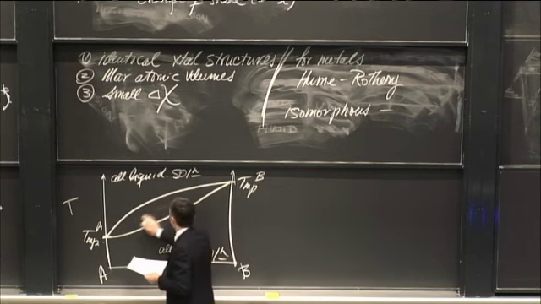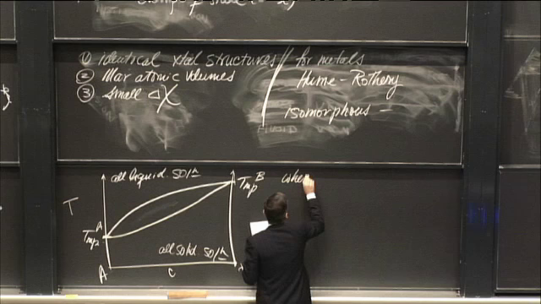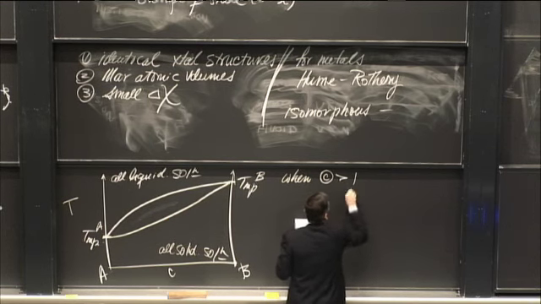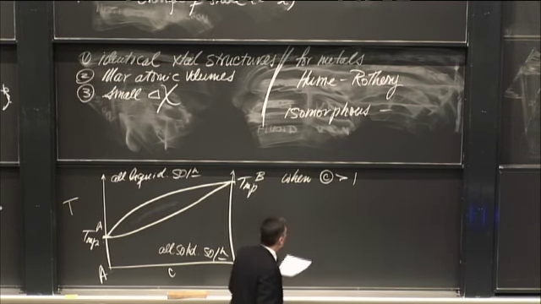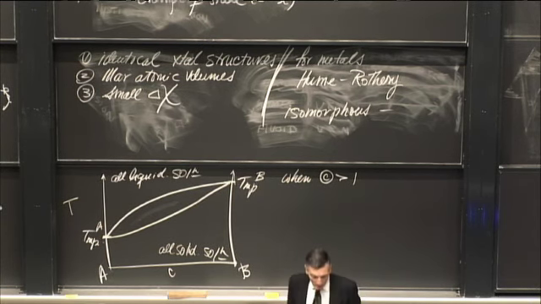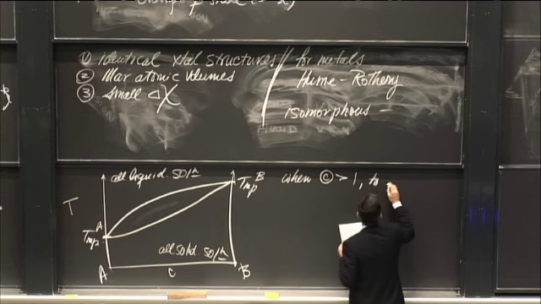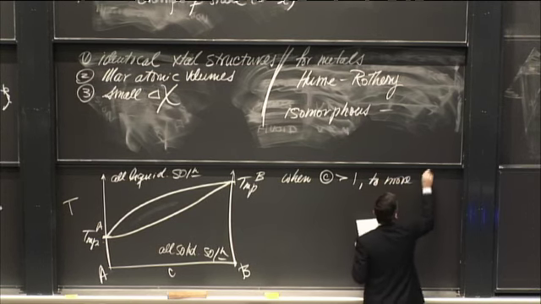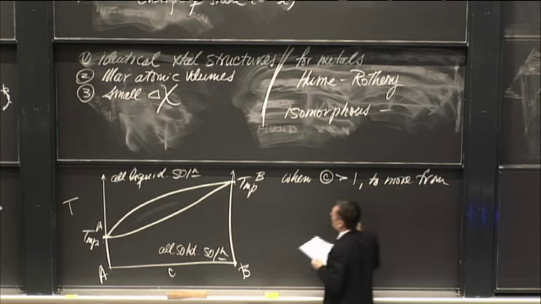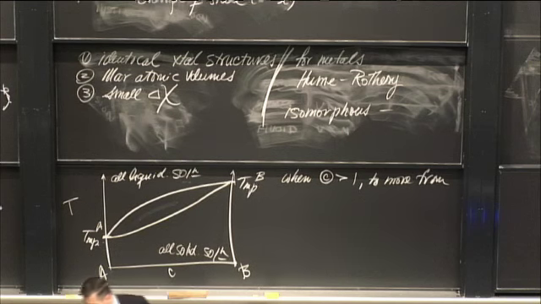I'm simply going to tell you without proof that when you have a multi-component system, when C is greater than 1, so we're in that situation now, C is 2, it is impossible to move from one field up here, this is a single phase field.